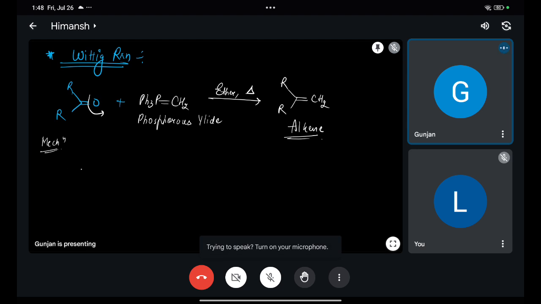No, like the mechanism is, see, this is a carbonyl group, and this is a phosphorus halide like this.